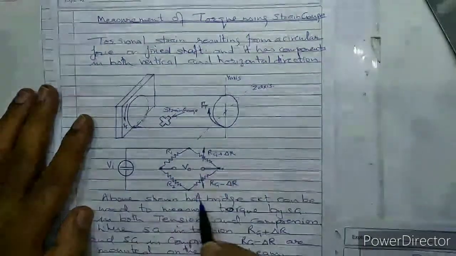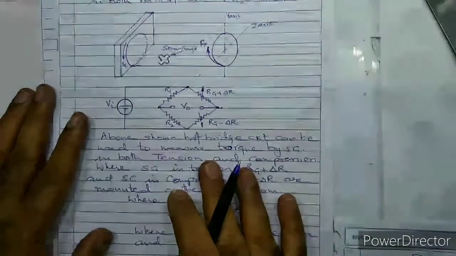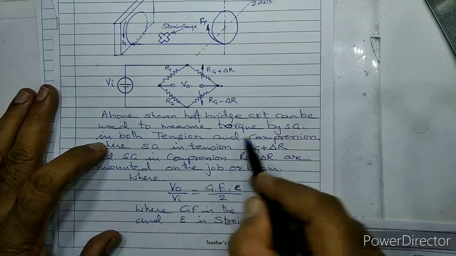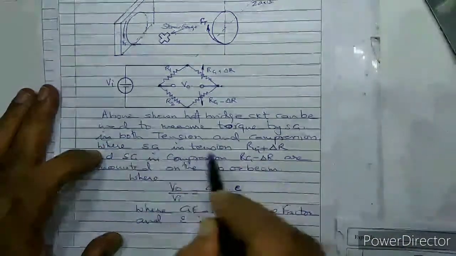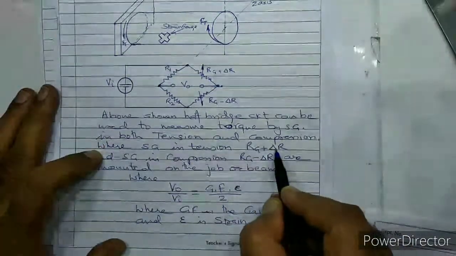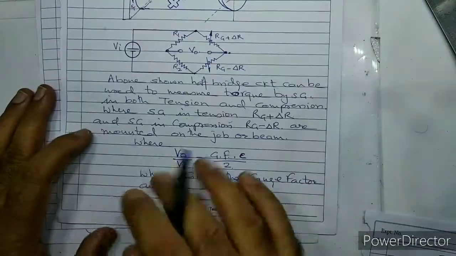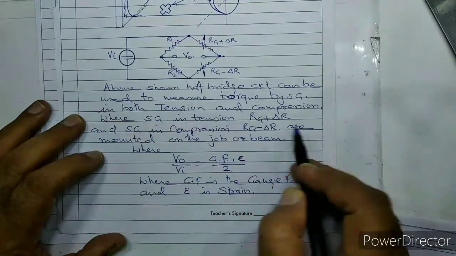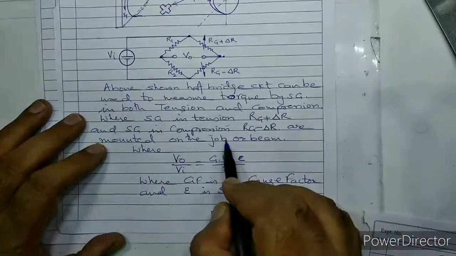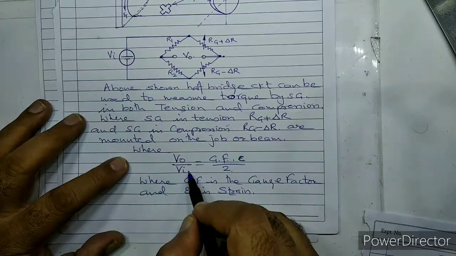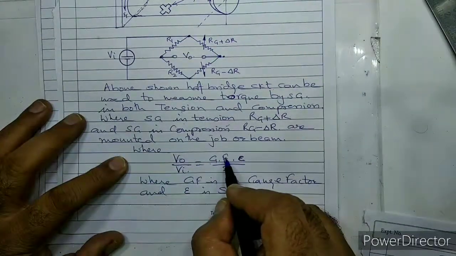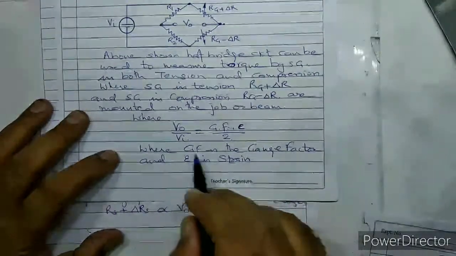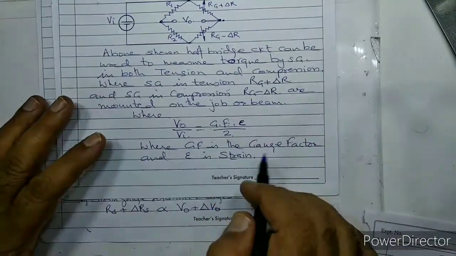The half bridge circuit shown above can be used to measure the torque by strain gauges in both tension and compression, where the strain gauge in tension gives Rg plus delta R and the strain gauge in compression gives Rg minus delta R. Both are mounted on the shaft or beam, where V out upon V in is equal to Gf, that is the gauge factor, into epsilon upon 2, where Gf is the gauge factor and epsilon is the strain.